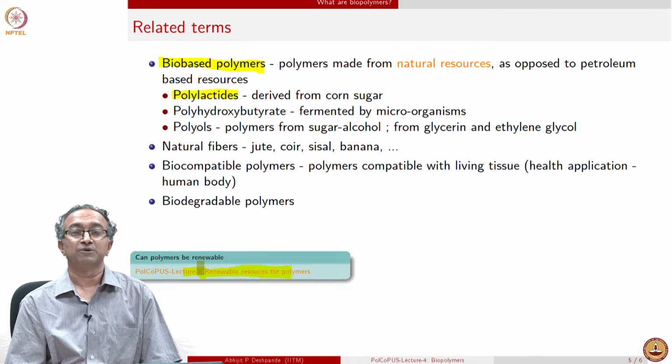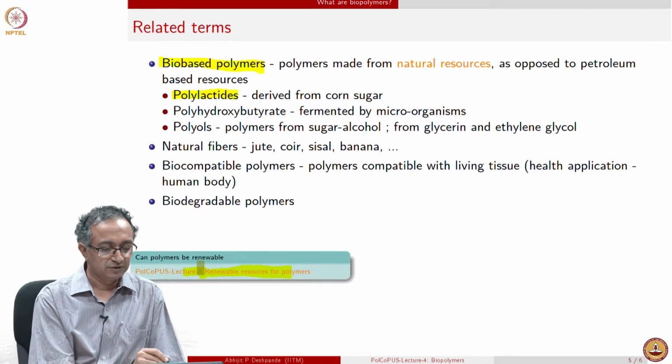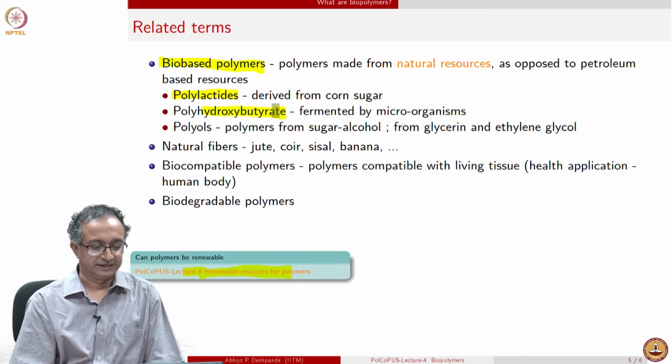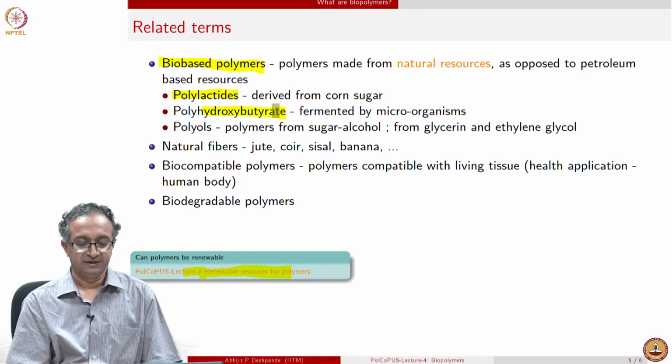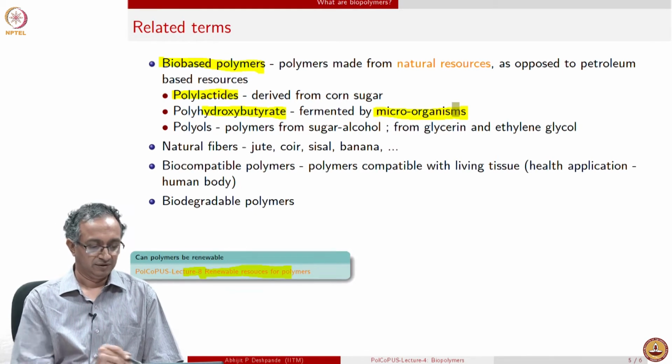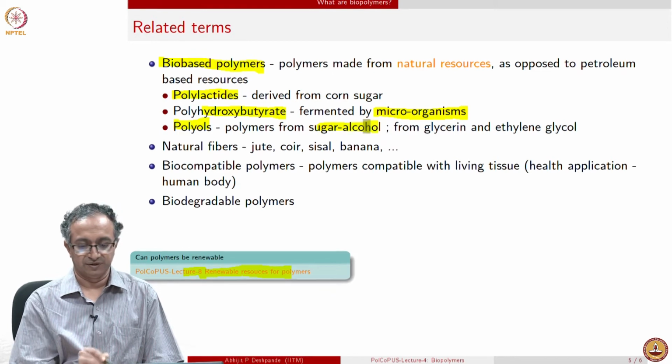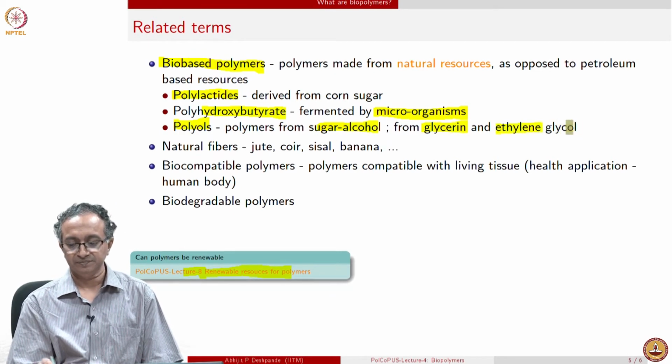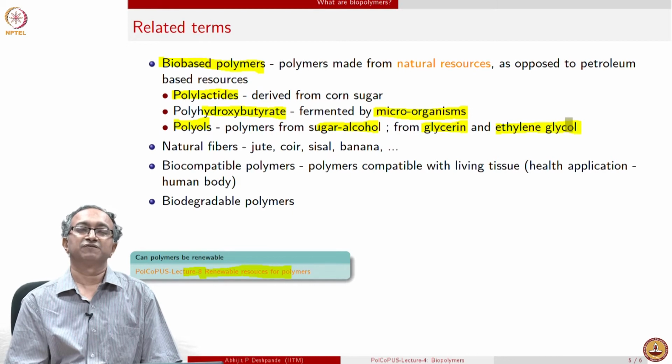It is a biodegradable polymer and it is made from corn sugar. We also have polyhydroxybutyrate, which is made by microorganisms, and this is another example of a bio-based polymer, or polyols, which are based on sugar alcohol. These are examples of polymers which are made from renewable resources or bio-based resources, and therefore, they are called bio-based polymers.